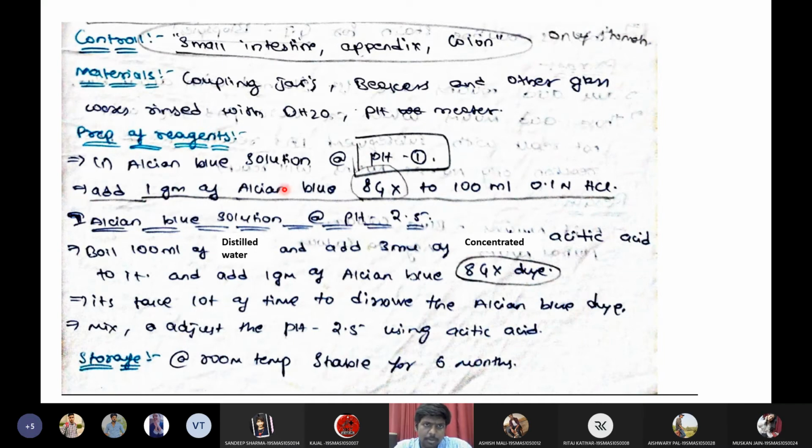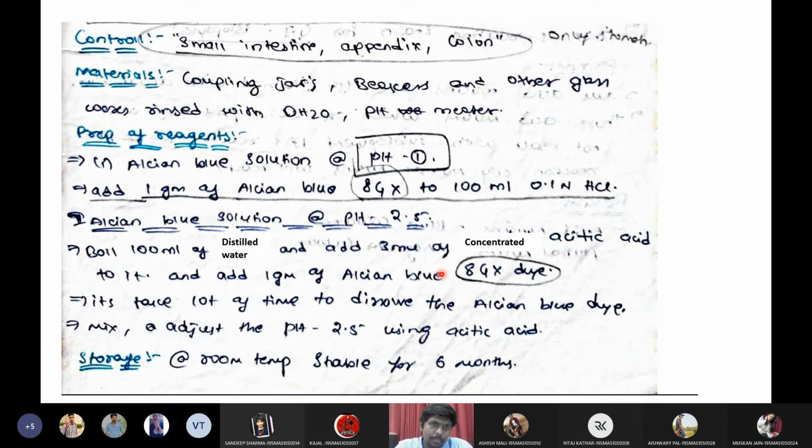Then you need to add 1 gram of Alcian blue 8GX. 8GX is a component which is readily available in the laboratories. So you need to take 1 gram of Alcian blue 8GX to 100 ml of 0.1 normal HCl solution. If you add 1 gram of Alcian blue 8GX to 100 ml of 0.1 normal HCl, then you will prepare your pH 1 Alcian blue stain.